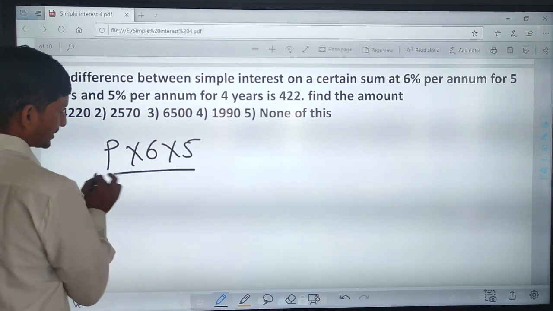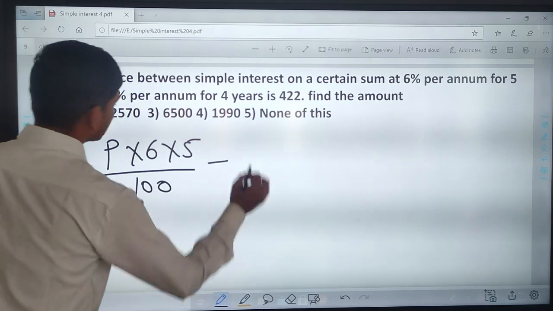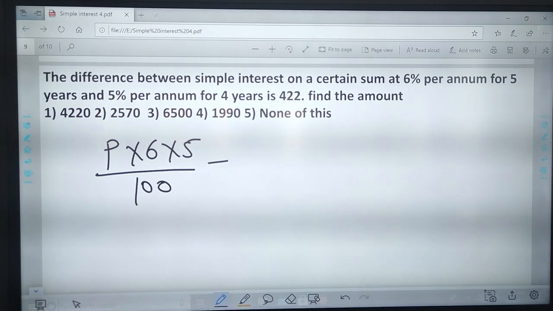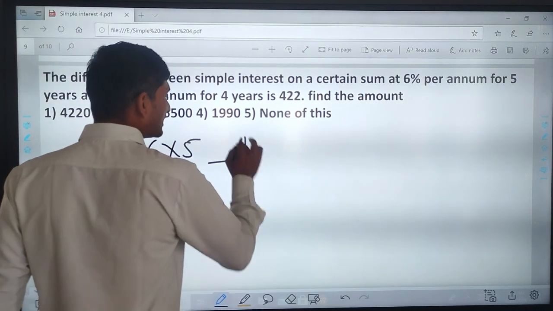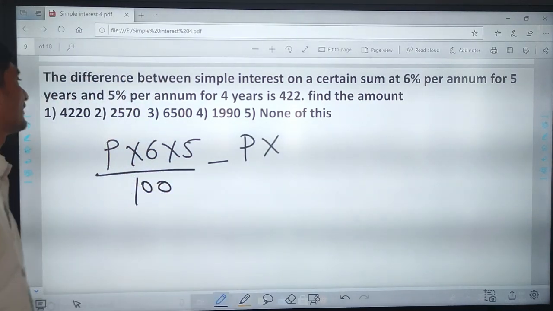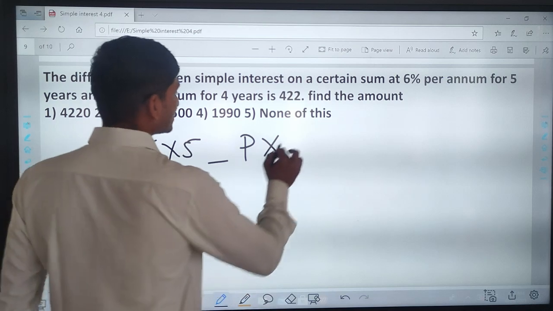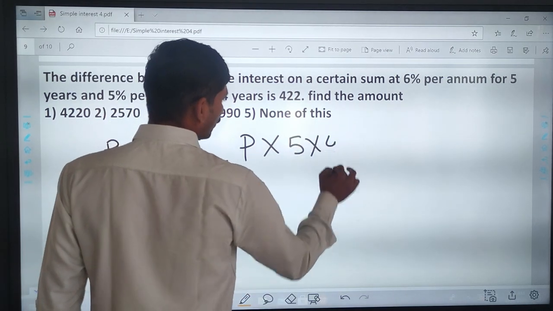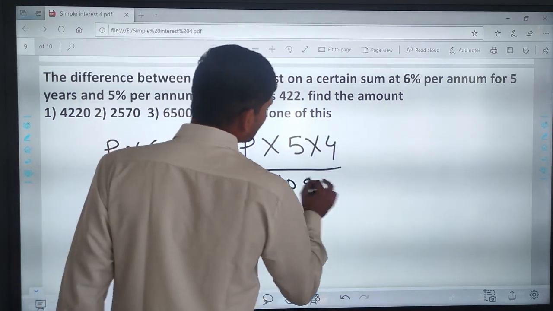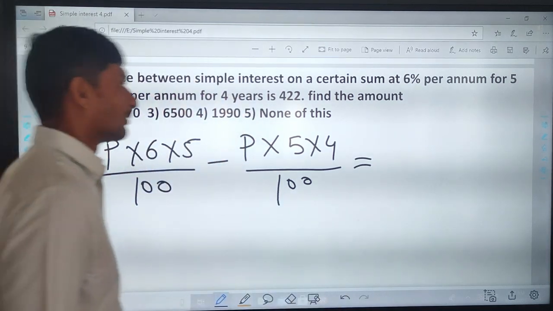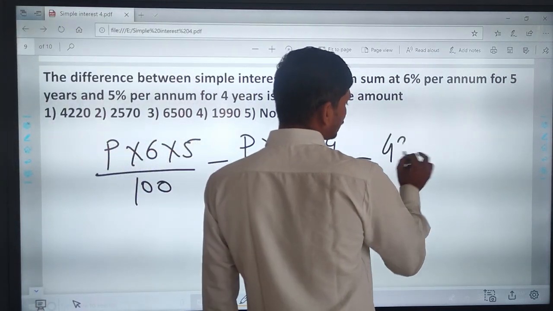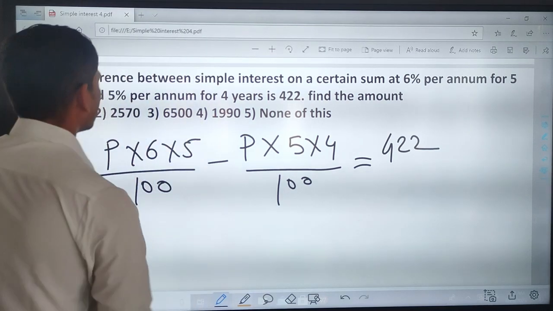The second condition is the principal is the same, the interest rate is 5% for 4 years. Then the difference between these two interests is 422.